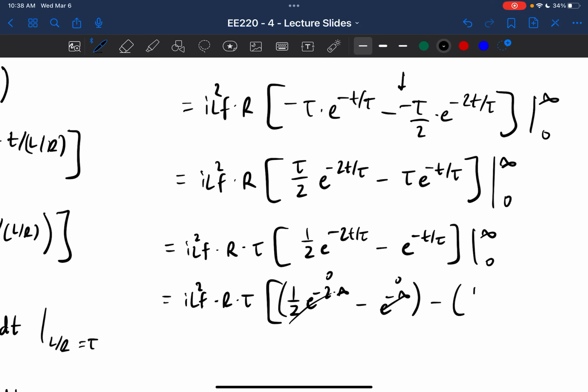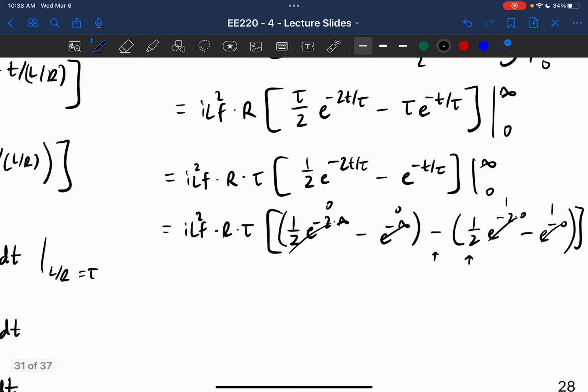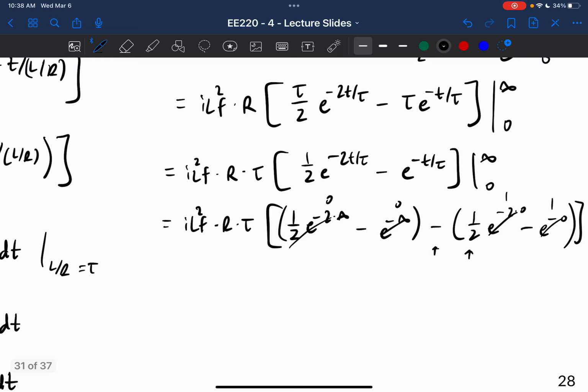Minus, and then I have 1/2 e to the negative 2 times 0, which goes to 1, minus e to the minus 0, that goes to 1. And so what I'm left with is basically negative 1/2 minus 1, or just a positive 1/2 from this entire thing in the bracket. So I can say this is ILF squared times R times tau times 1/2.